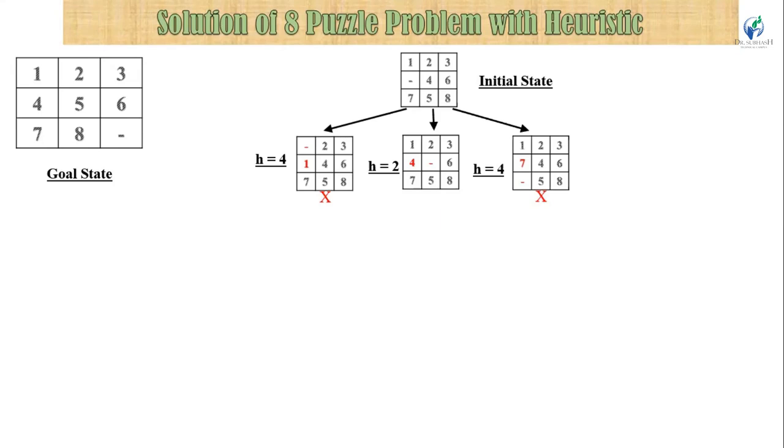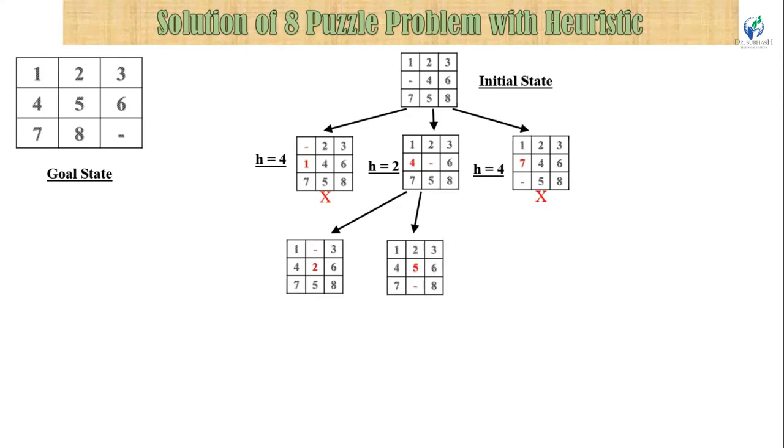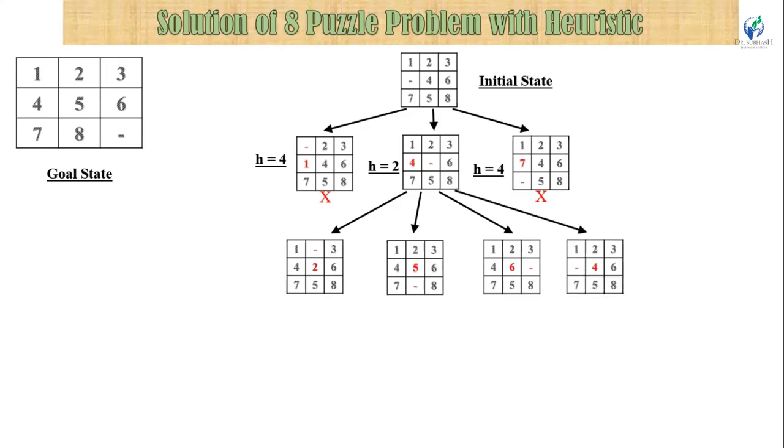For that, we apply our first move, the upside move, so we replace 2 and the empty space. Next move is the downside move, so we replace 5 and the empty space. Next move is the right side move, so we replace 6 and the empty space. Next move is the left side move, so we replace 4 and the empty space.